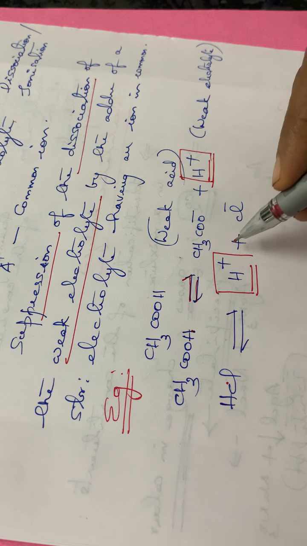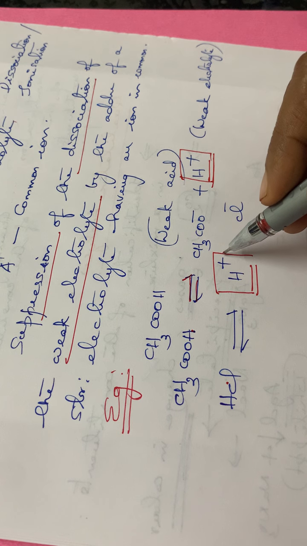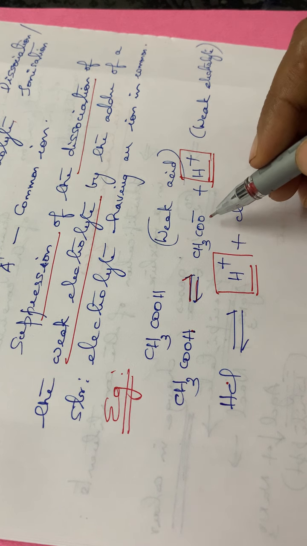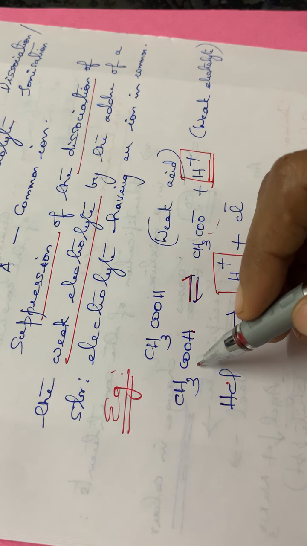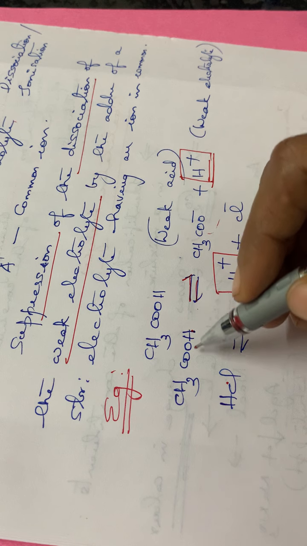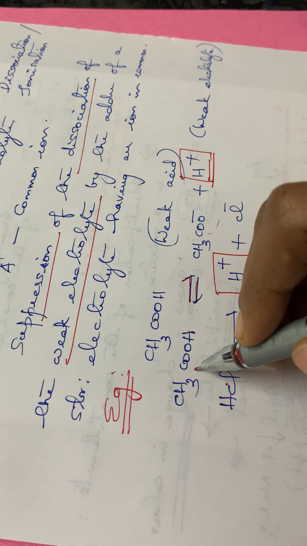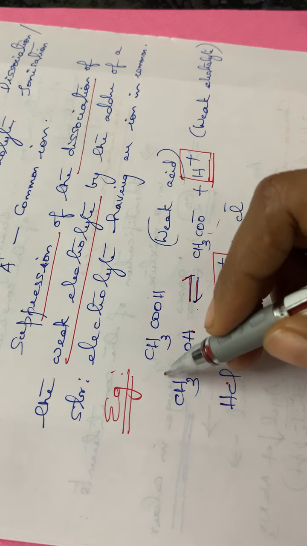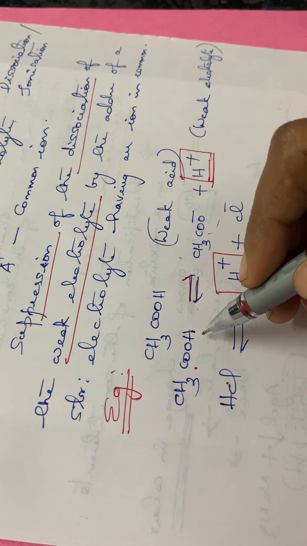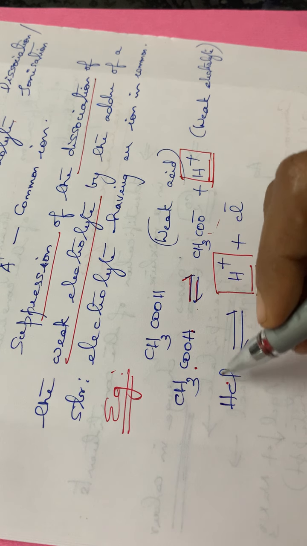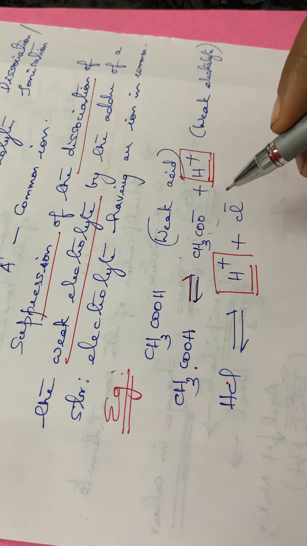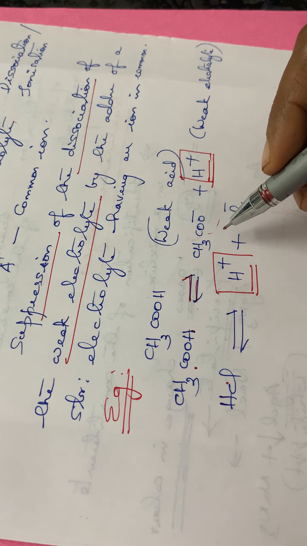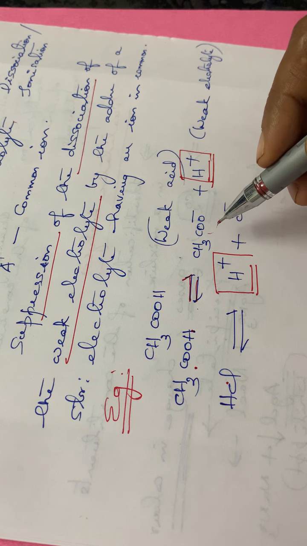Due to the presence of this common ion H plus, the dissociation of this particular electrolyte will be suppressed. That means the equilibrium will shift backward, and in solution there will be more undissociated acetic acid. So this is the phenomenon called the common ion effect.